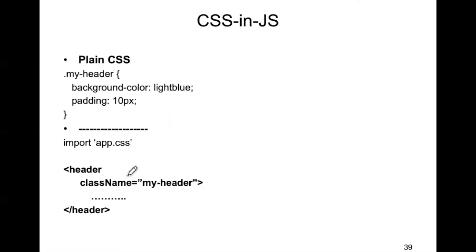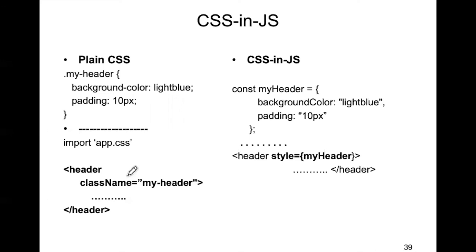With the CSS in JS model, this is how you can approach it. You can actually write your CSS as a JavaScript object, which is what I've got here. So this here is the equivalent of my CSS over here, but this is coded as an ordinary JavaScript object inside my component file, if you like, which is a JavaScript file.